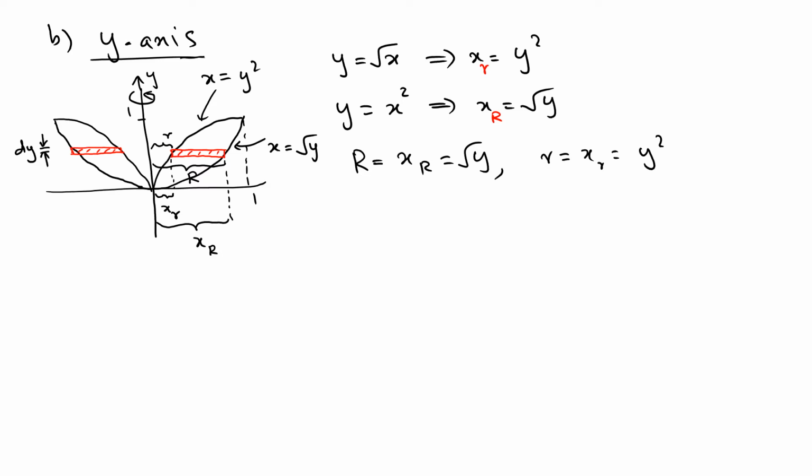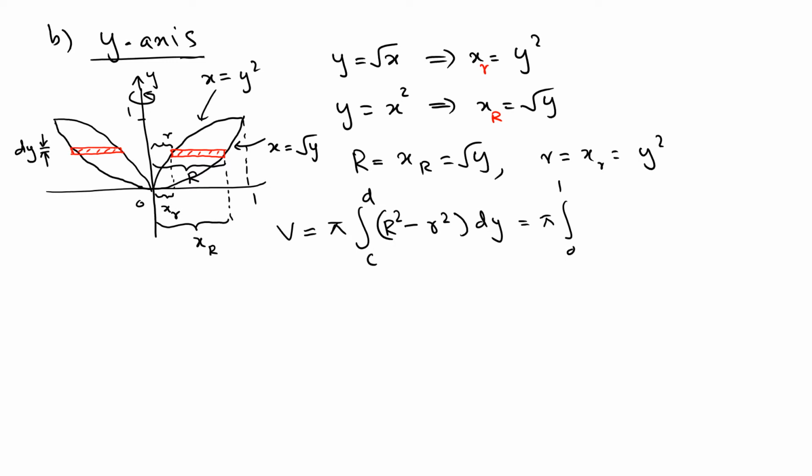Now what we need to do is write the integral. So V equals pi, and this is a y integral, so it's the integral of large r squared minus small r squared dy. Let's plug in. The y limits are also 0 to 1.